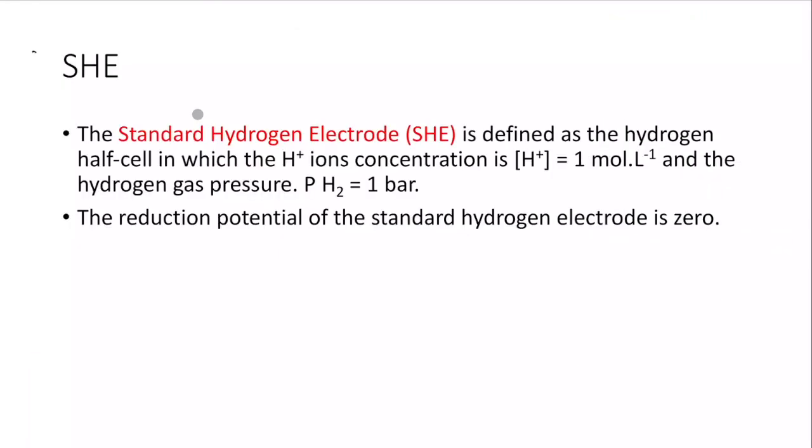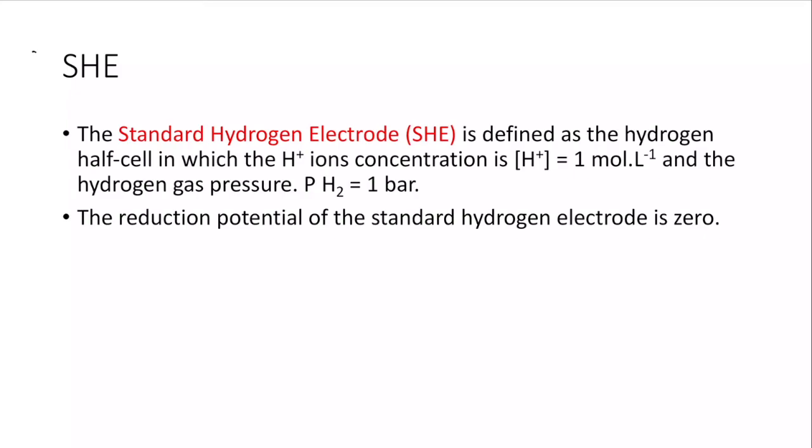Okay? So now the SHE, or the standard hydrogen electrode, the role of the standard hydrogen electrode. We talked about the main compartments of the standard hydrogen electrode and how it functions. Now its role, mainly, as I've mentioned before when talking about copper couples, the metal redox couple of copper.